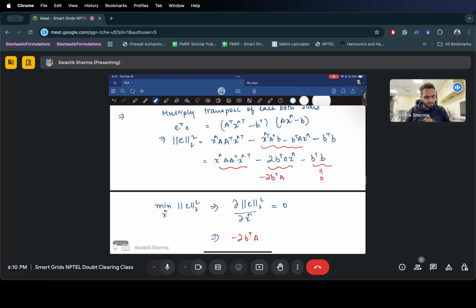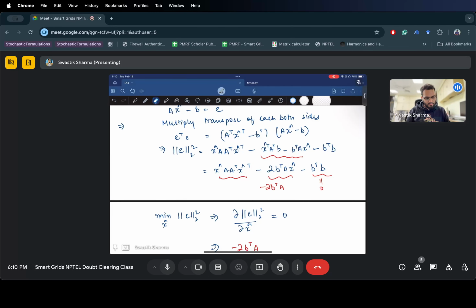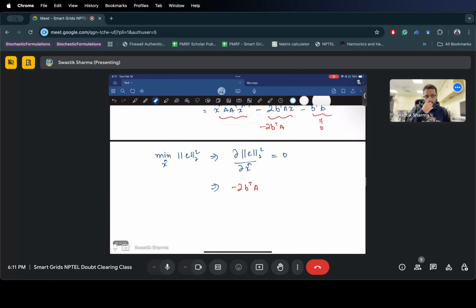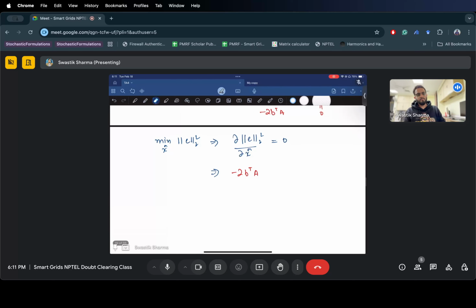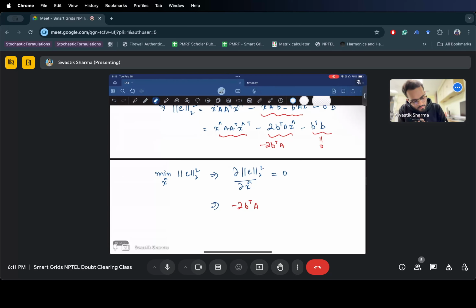So it's matrix calculus. It's a bit tricky, but if you understand, it will be much easier. So this is what you call a quadratic function in x cap, and its simple differentiation would be nothing more than 2 at a x cap.